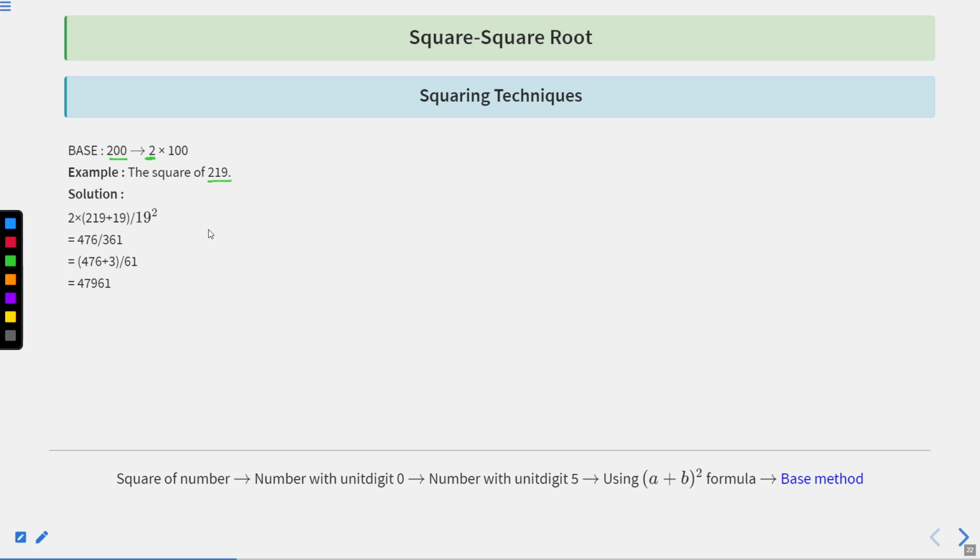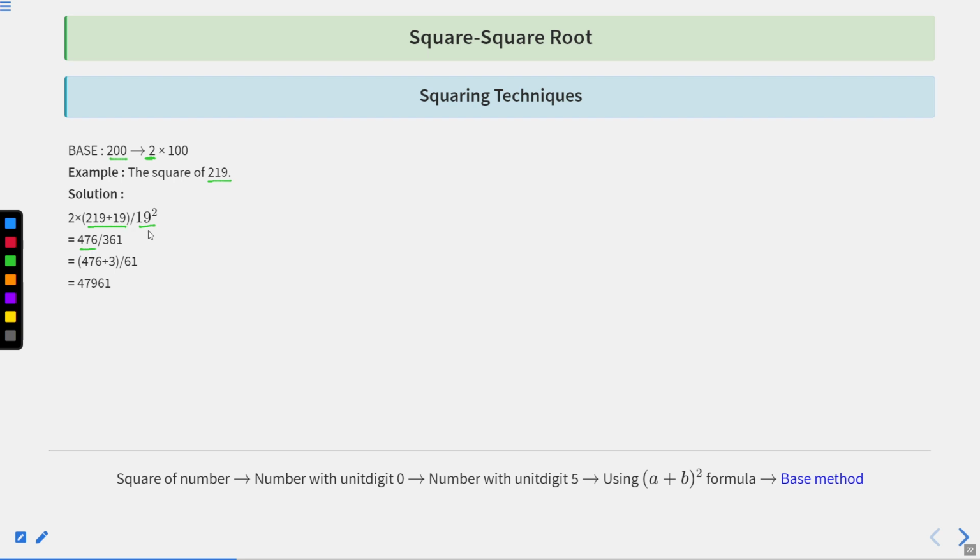Okay, and 219 is 19 units away from 200, correct? So we will write it as 2 times of 219 plus 19, and 19 square. So 219 plus 19, and into 2, will give 476.